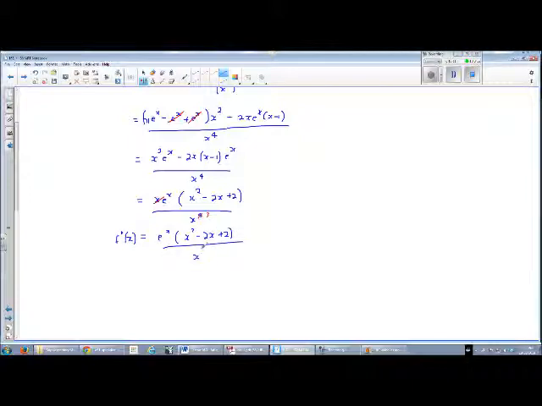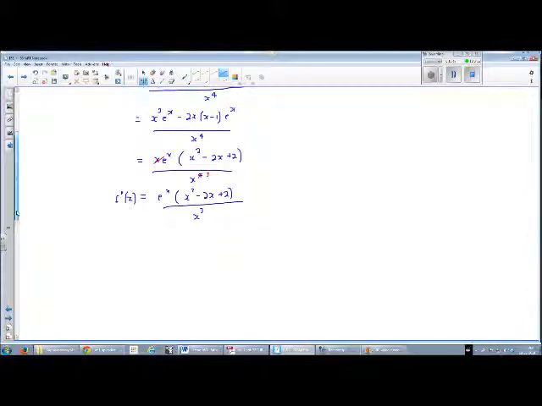So concavity changes at inflection points. And inflection points occur when f double prime of x equals 0.